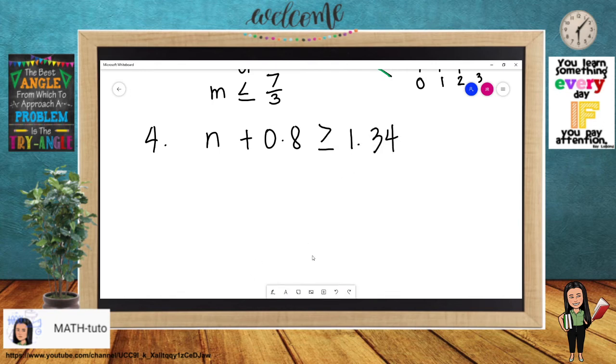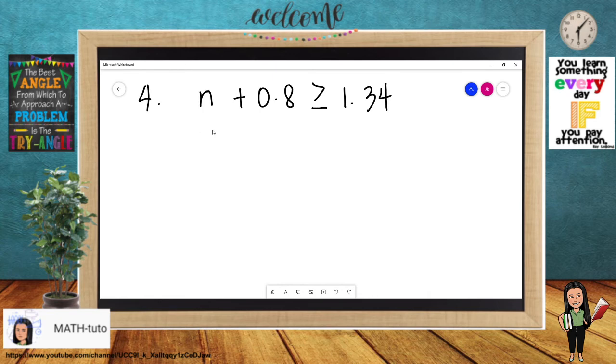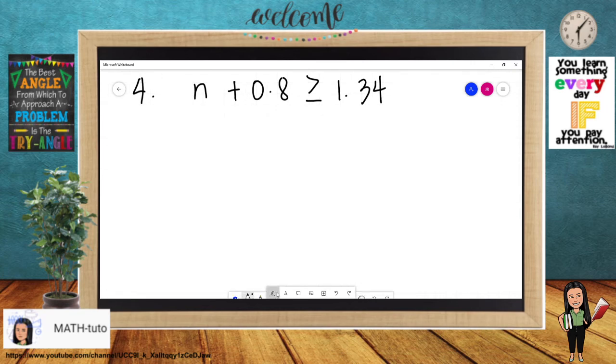Okay? So, we need to isolate n here, which is our variable. We need to subtract 0.8 from both sides of our inequality. So, this side will just be equal to n.